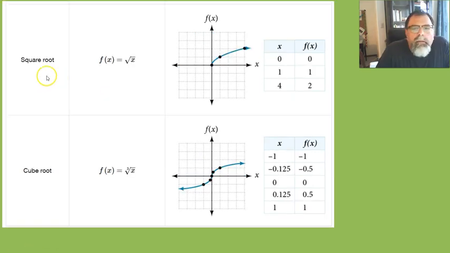And then the next function is the square root function, the square root of x. We'll talk about inverses later in a later section. If we take the square root of 0, it is 0, the square root of 1 is 1, the square root of 4 is 2.